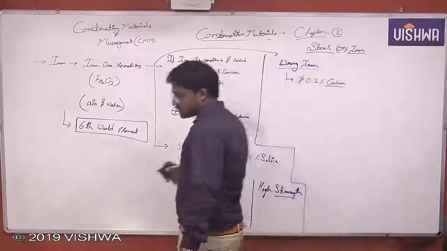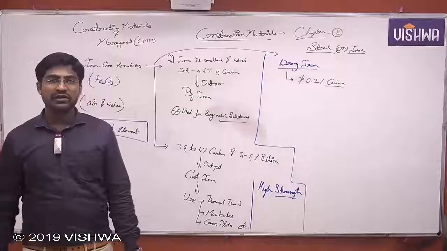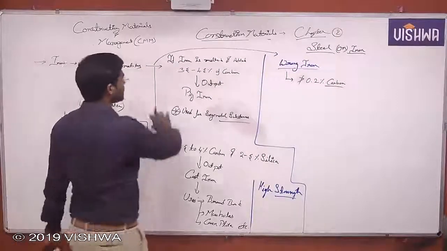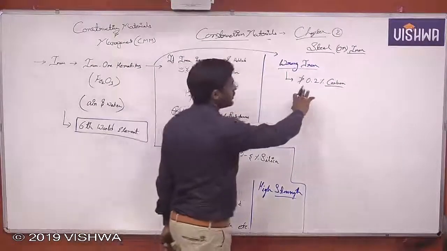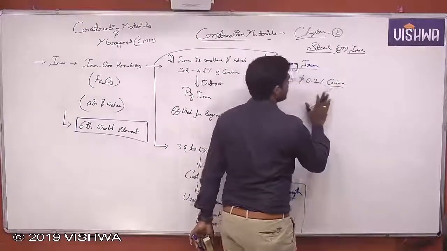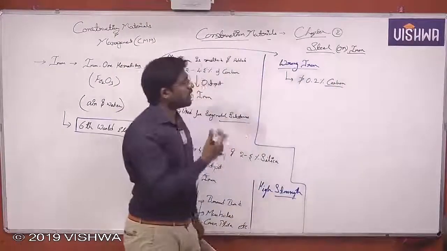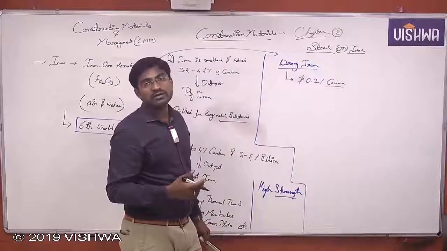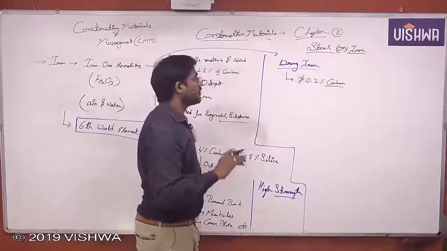So that is mainly what wrought iron is. The composition is added with 0.2 percentage of carbon with respect to iron. So that is the high-grade product of iron that we are making as wrought iron.